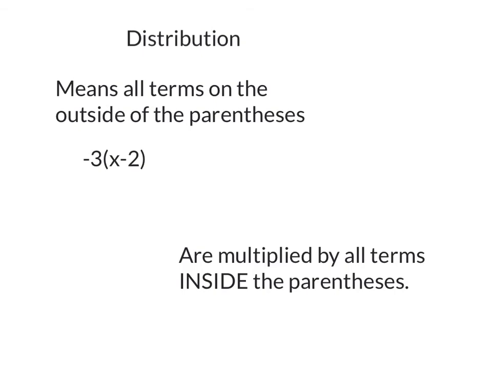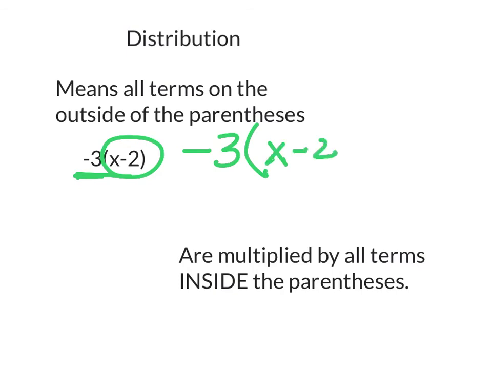And the distribution is one of the last ways we talk about simplifying. And distribution means that out here there's a number, and it says we have negative 3 of all of these things. So we're going to go ahead and multiply negative 3 by all the terms inside. So that means we multiply negative 3 times x, and here's where it gets complicated with all those negatives.